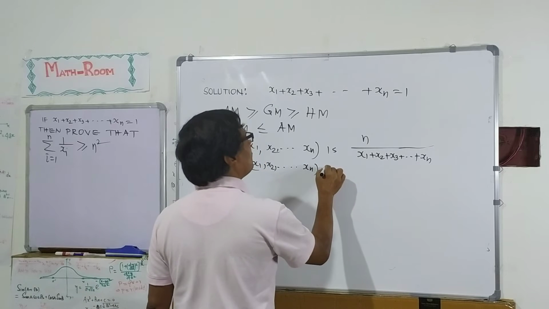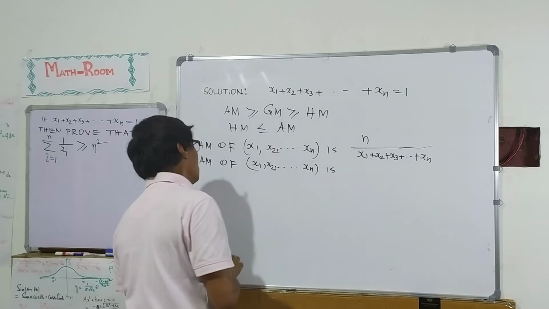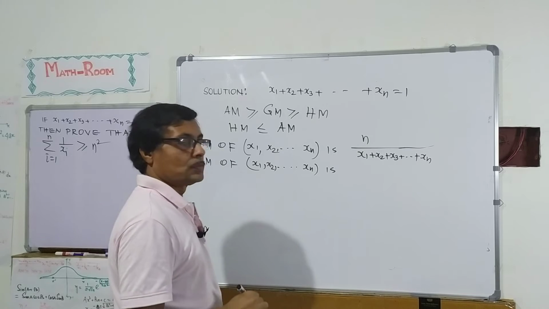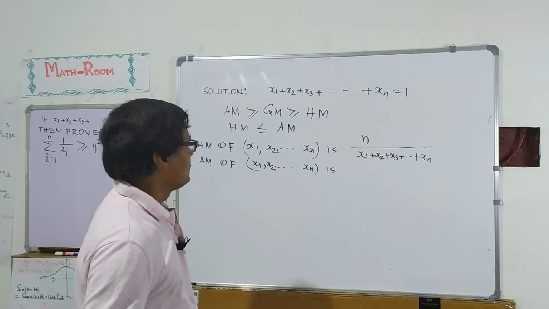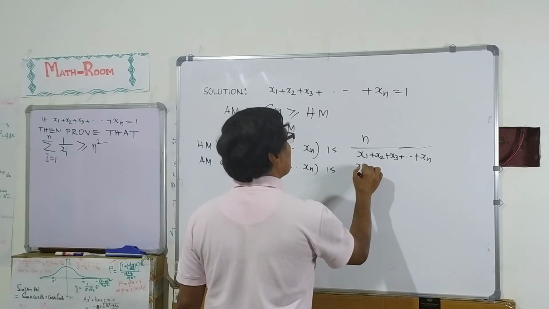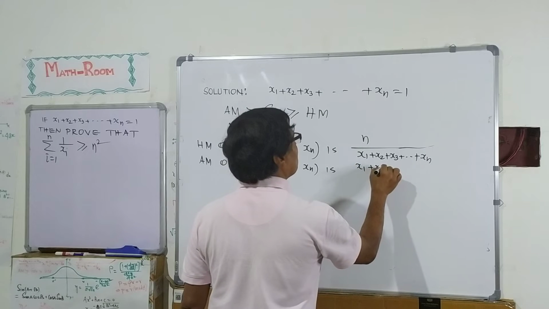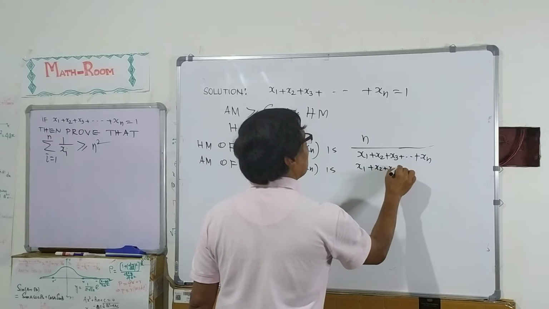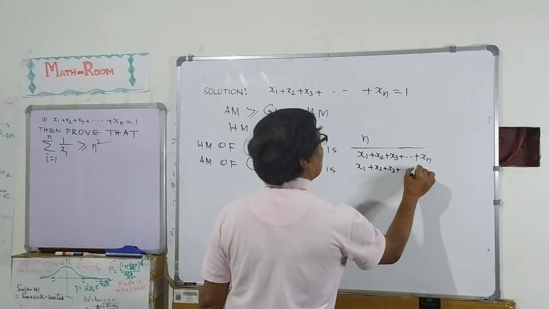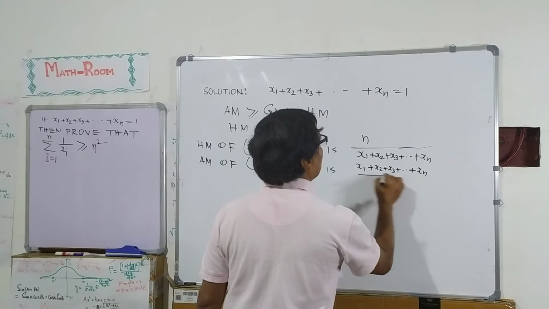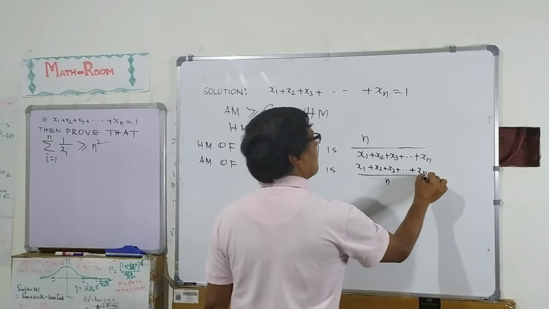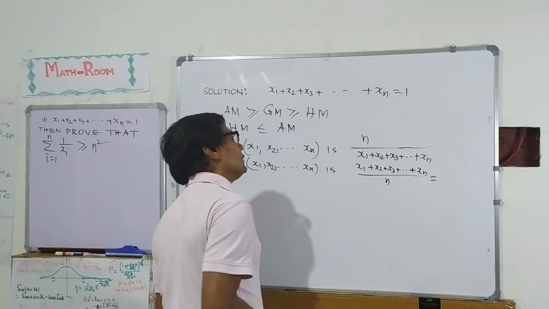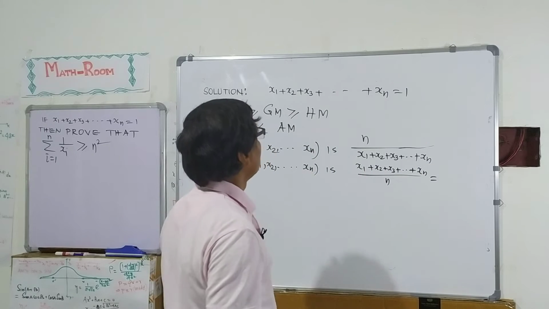is also the arithmetic mean of x1, x2, ..., xn, which is x1 plus x2 plus x3 ... plus xn over n. The value of the numerator is 1.